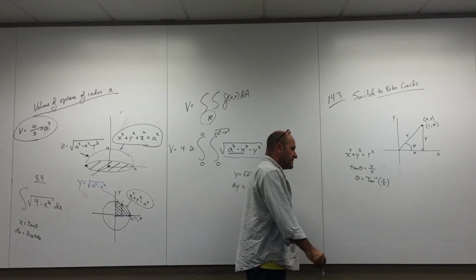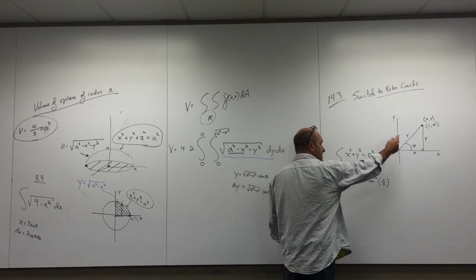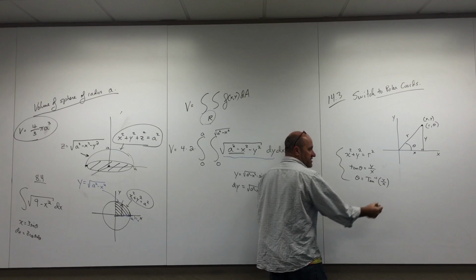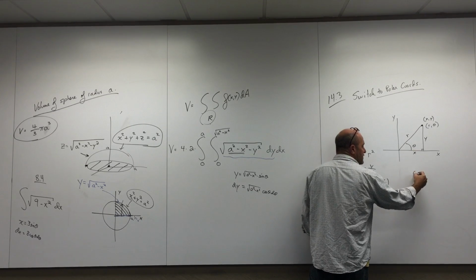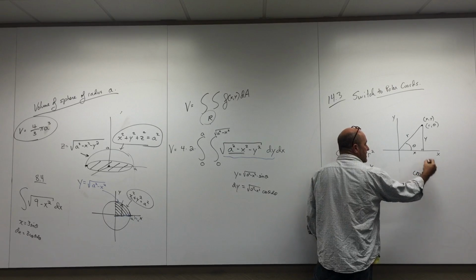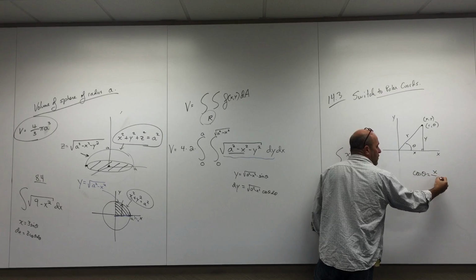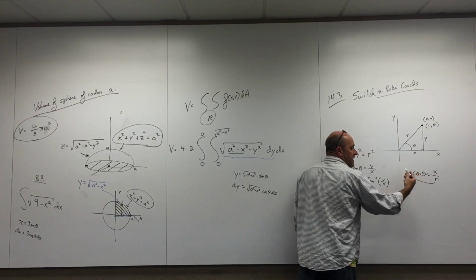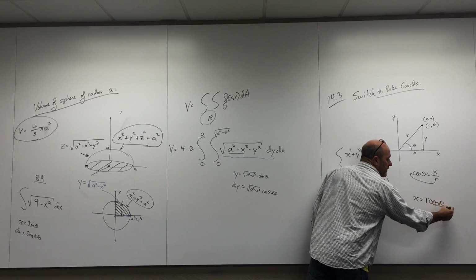Here's something else that falls out of this picture. These are some formulas that just fall right out of this picture. You see them, right, you guys? These aren't mysterious. Watch this one. The cos of theta is adjacent over hypotenuse, x over r. What we prefer to do here is multiply by r, and then we have this equation: x equals r cos theta.